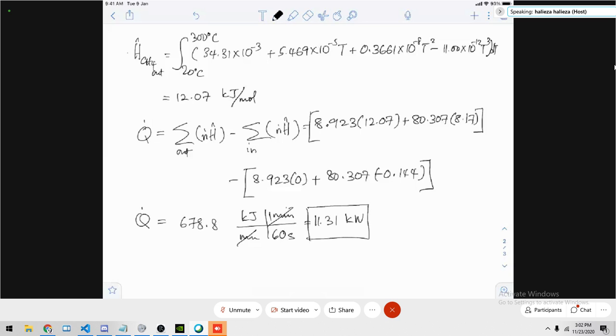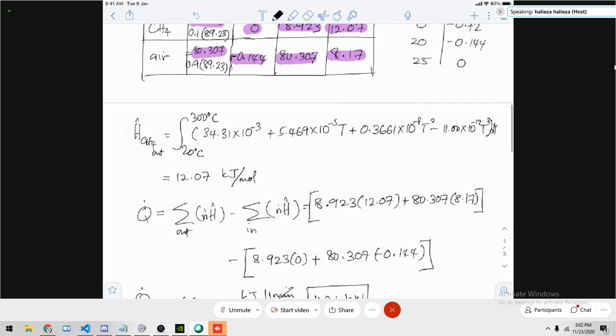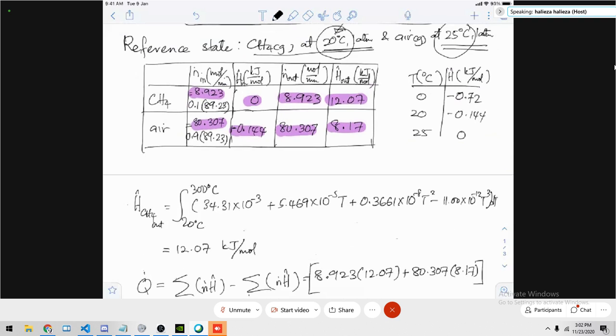Why is there a difference in value? Let's check our enthalpies. For H1, the textbook got 12.09, and we got 12.07. That's still okay. For H3, the textbook has the same value as us. For H2, the textbook has negative 0.15, and we got negative 0.144.